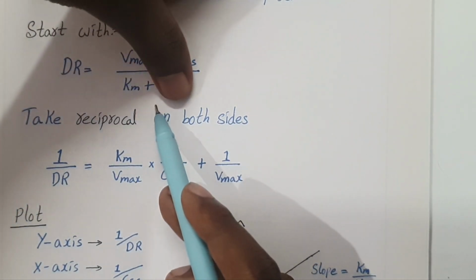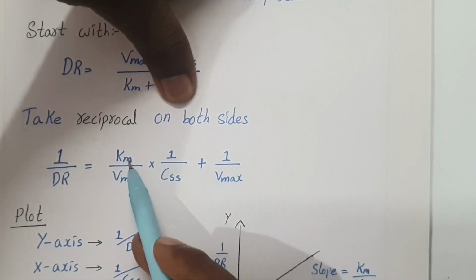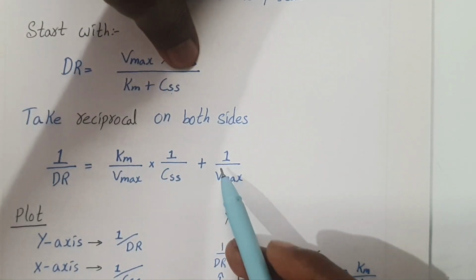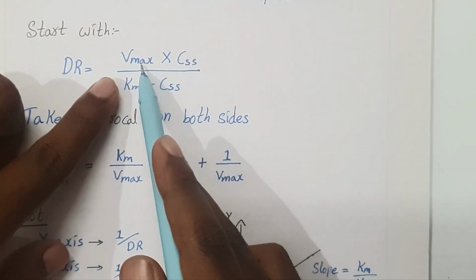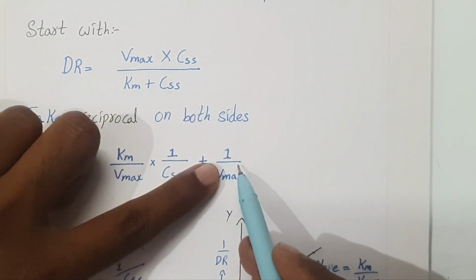First we take the Km only, and Css gets cancelled out in the Vmax term.